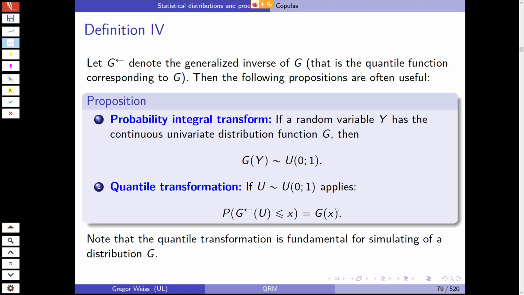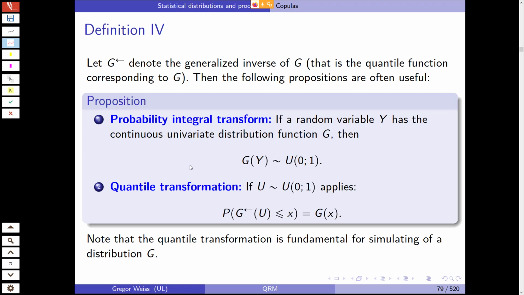The problem, however, is that in some cases you cannot properly define the quantile function, but you need to come up with a slight trick so that you can define what we then call the generalized inverse, which is basically the quantile function. In some cases, it is not exactly equal to the quantile function. Then, with the copula and a random variable G, we get the probability integral transform and the so-called quantile transformation.